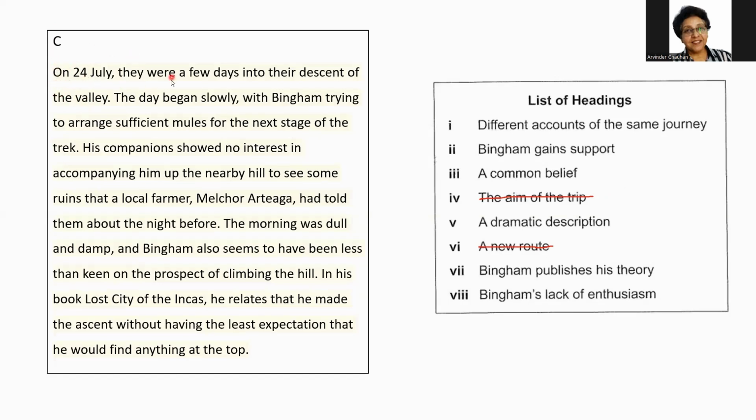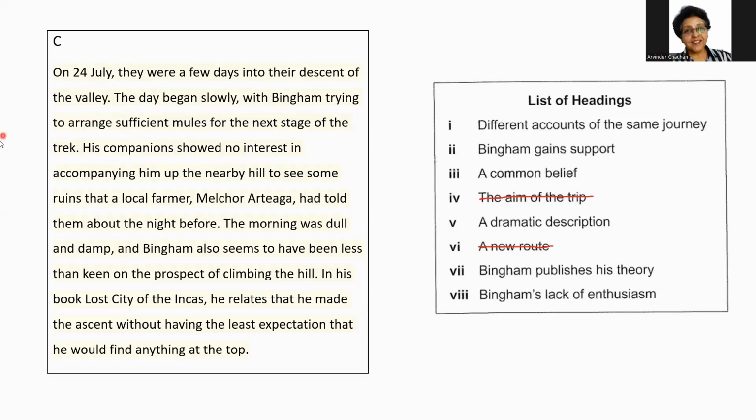On 24th July, they were a few days into their descent of the valley. Okay, so they started, and now on the 24th of July, it has been a few days that they have been traveling. What happened then? The day began slowly with Bingham trying to arrange sufficient mules for the next stage of the trek.